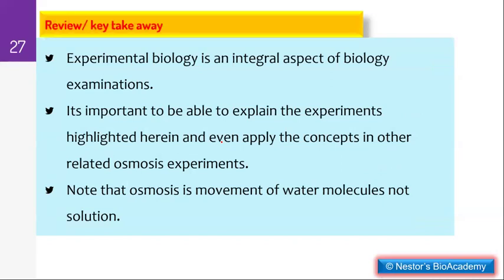So experimental biology is an integral aspect of biology examinations, and any student who wants to do well in biology must always have a very firm grip of experimental biology.